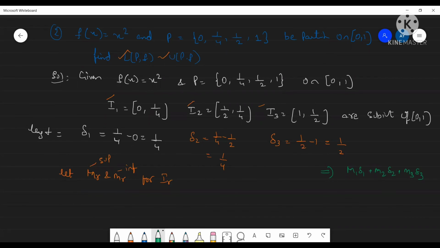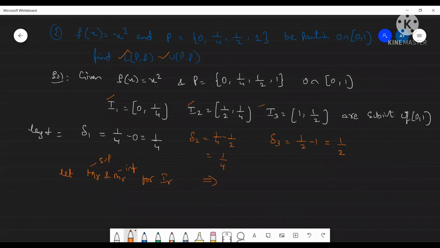What is capital M1 over here? You have to put the values. 1 by 4 square is 1 by 4 into 1 by 4, so M1 will be 1 by 16.